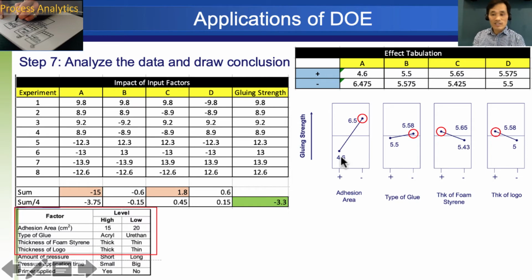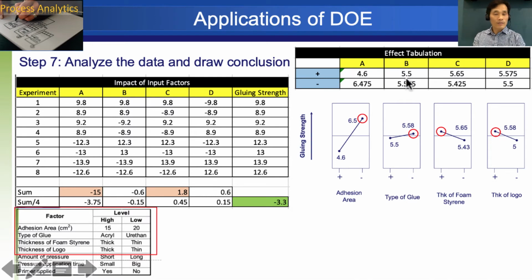To calculate these numbers, one has to add all the positive impact together and divide it by 4 to get an average value. So for example, 4.6 is the sum of these four numbers divided by 4. That's 4.6. And 6.475 is the sum of these negative values divided by 4.